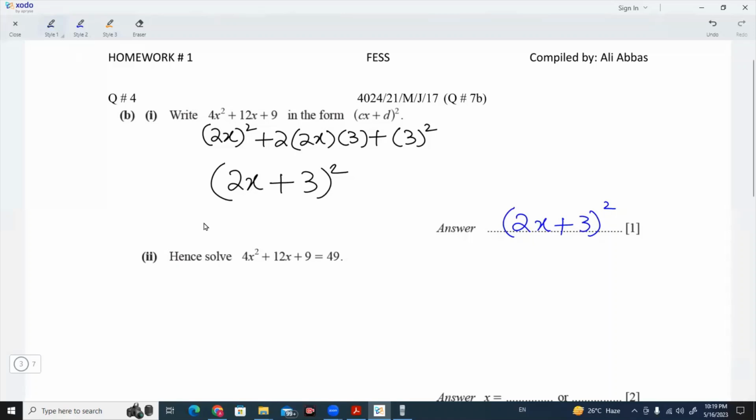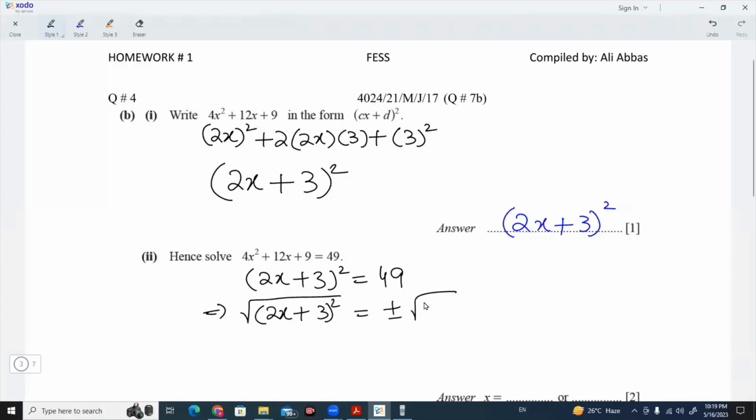For the second part, we can use the completed square form from the first question. We can write down directly (2x + 3) whole squared equals 49. When the variable is inside the square term, we have to take the square root on both sides. In order to do the square root, we have to put plus minus on the other side as well.